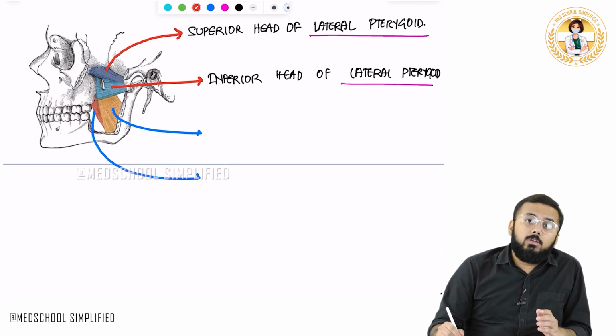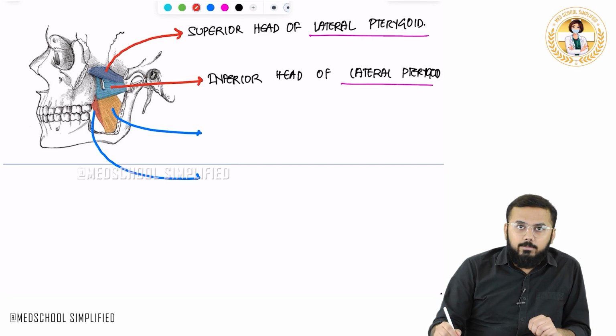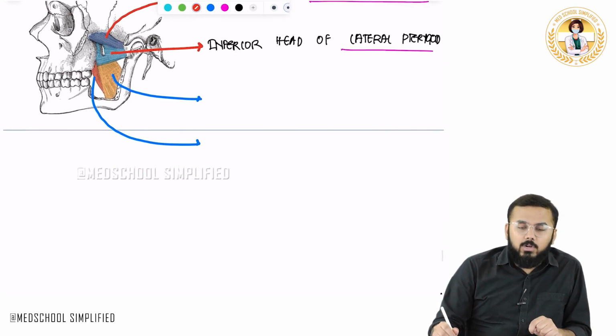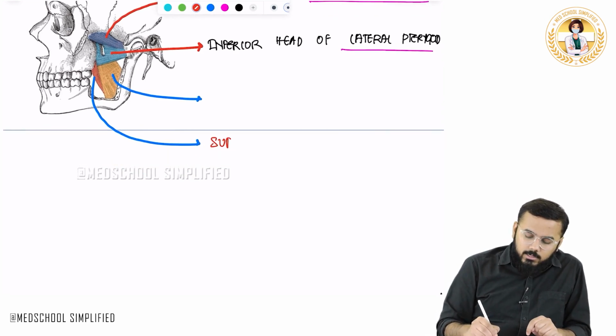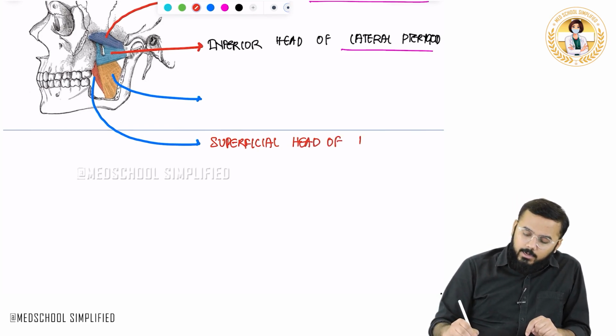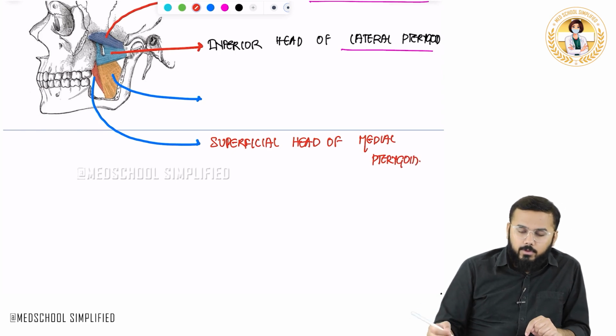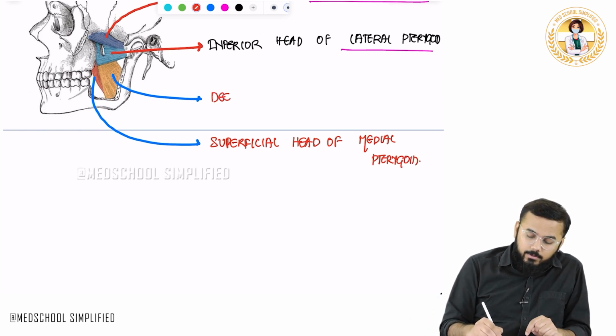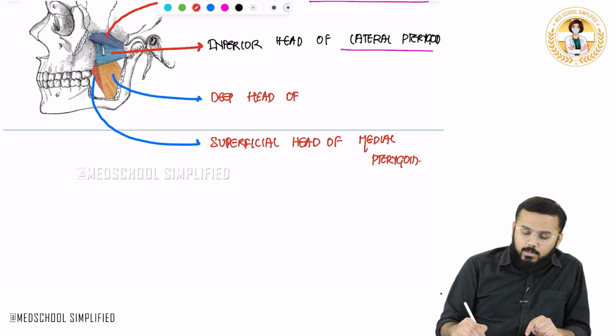Instead there is superficial and deep. This red one is the superficial head of the medial pterygoid. Next here we have the deep head of the medial pterygoid.